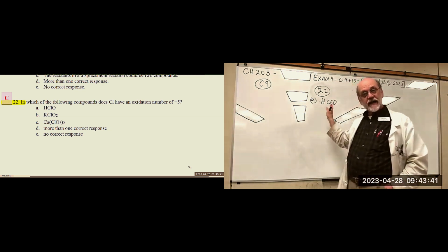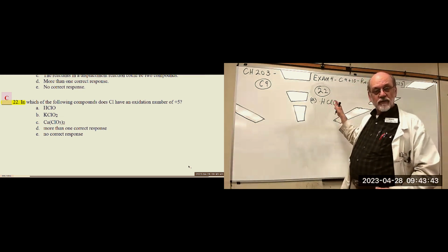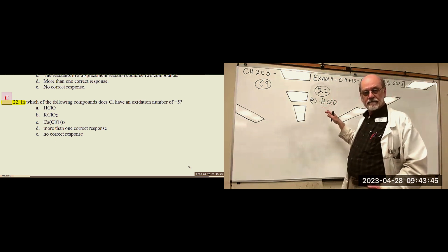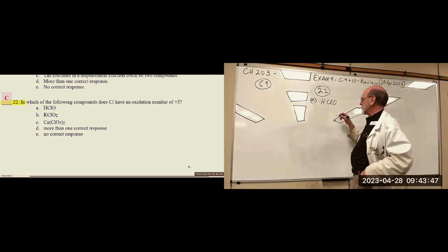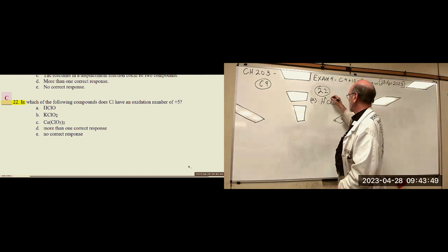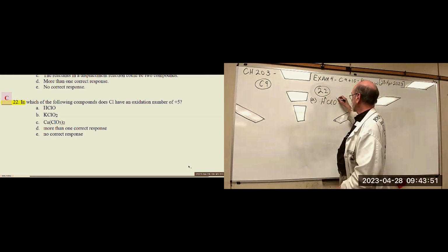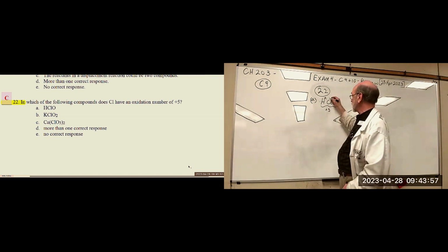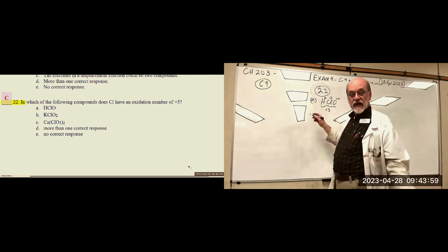If we put that in aqueous solution, that would be hypochlorous acid. We're looking for chlorine. Okay, so this one's +1, +1. This one's -2. So that means together those are -1, and chlorine has to balance that with a +1. Right? So that's not the answer.